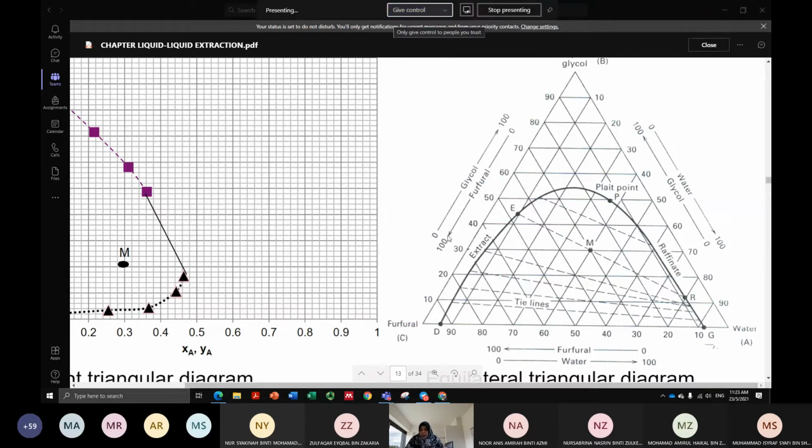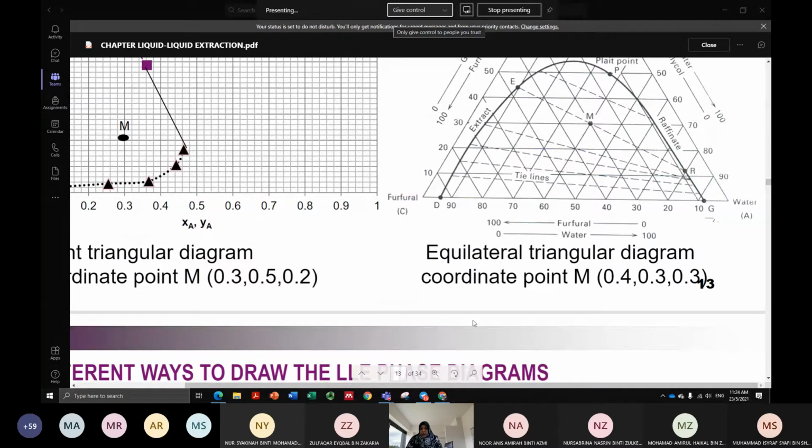So what is the C? C is here, the base is here. So this is 10%. It should be more than 10%, between 10 to 20%. So logically this one should be 0.13. That is how you read the composition fraction from the equilateral diagram.